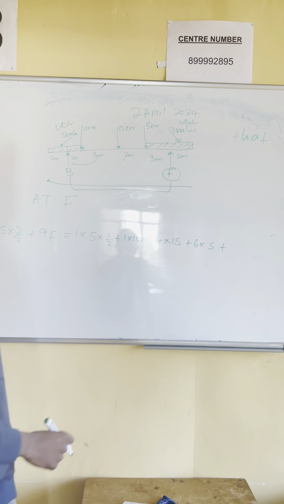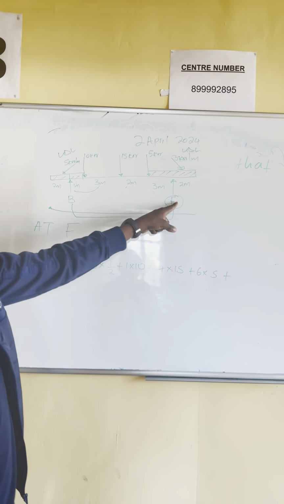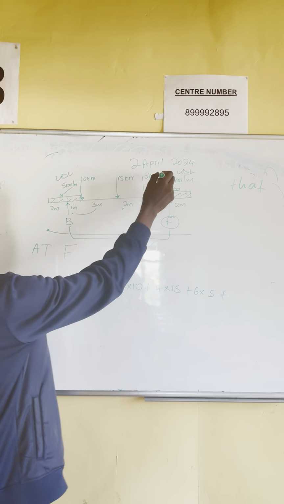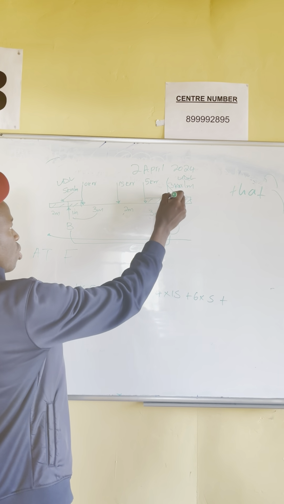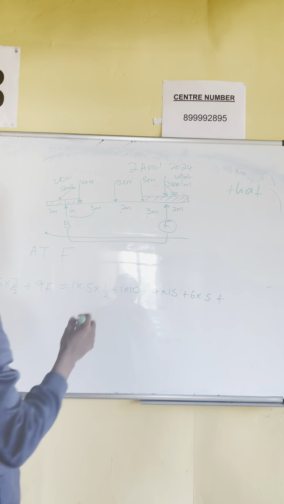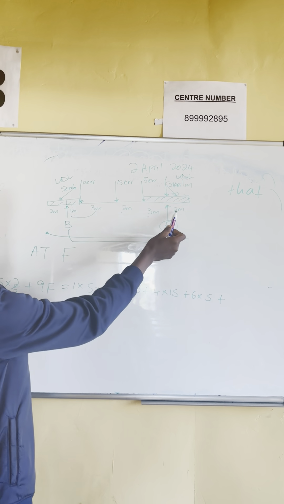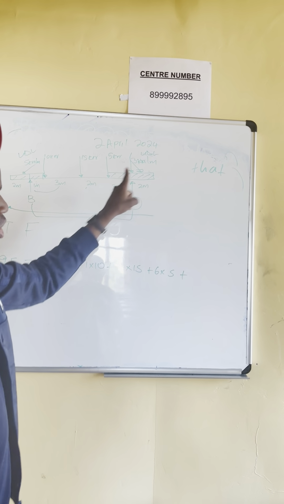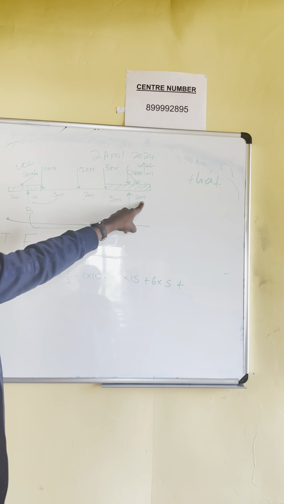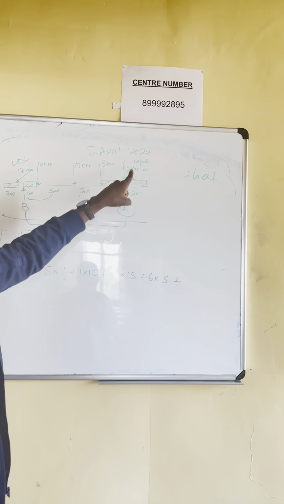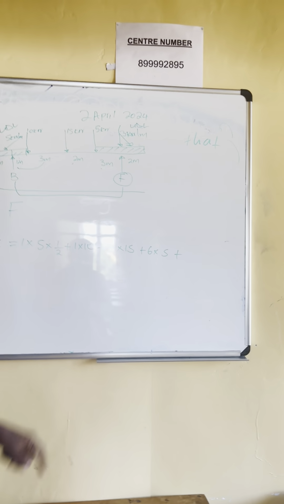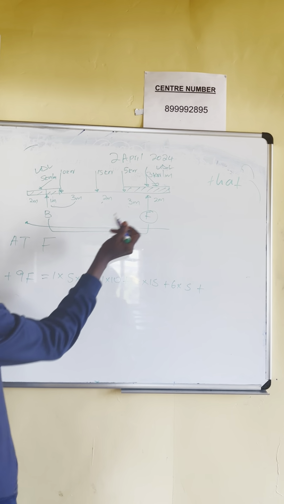Plus, just because we are approaching the letter that we want, we have to calculate this total load here. Meaning you say 3 plus 2 because it's the meters that cover the UDL, which is 3 plus 2 is 5. You'll say 5 times 3 kilonewton per meter. It becomes what? Because now we are cancelling this meter.